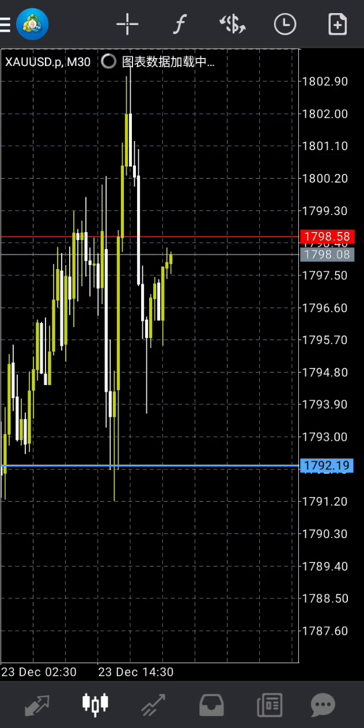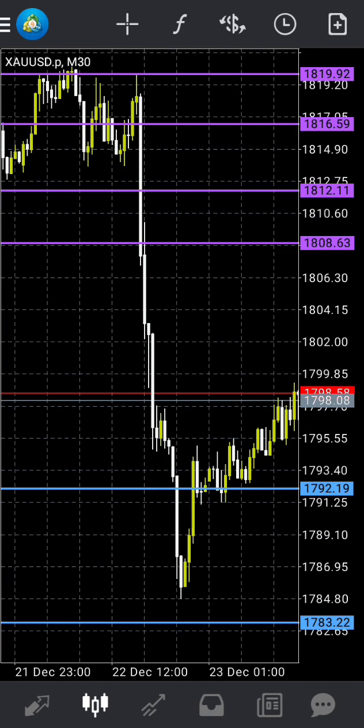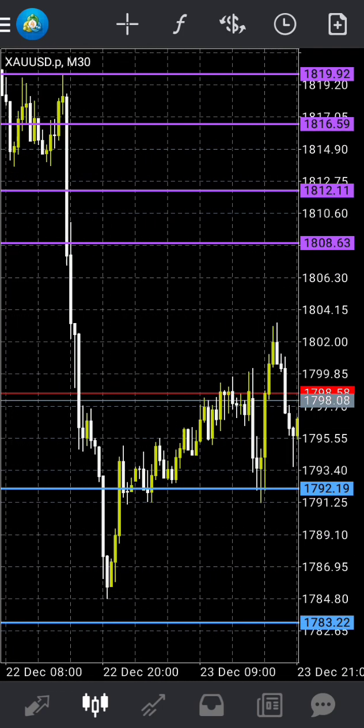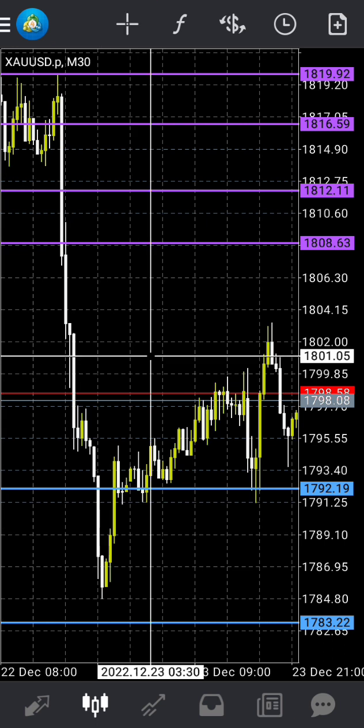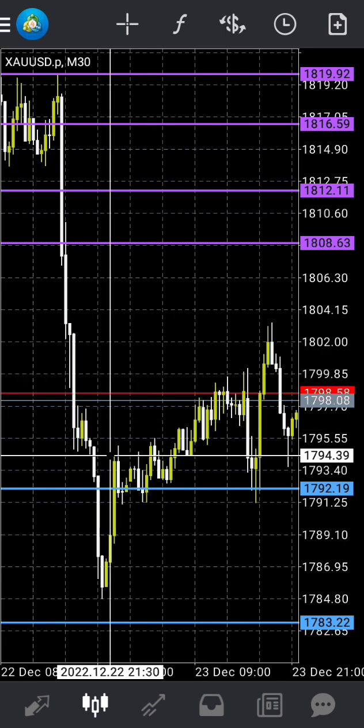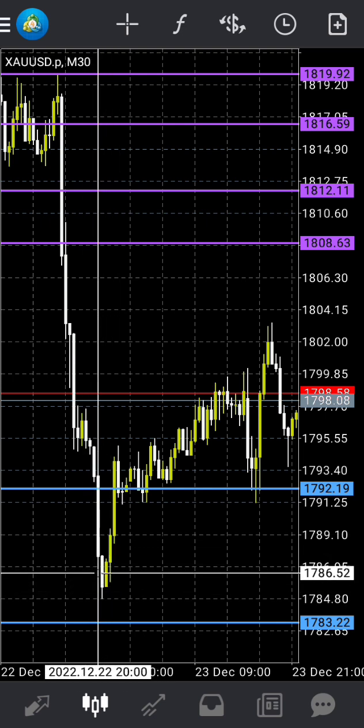Okay, guys, confirmation is actually very simple. For me, I love to use the shadow entry. Most of my entries use the shadow entry filter. You can see the shadow here on M30, and then we can add an entry here and go up.